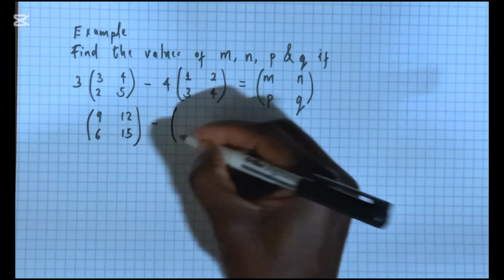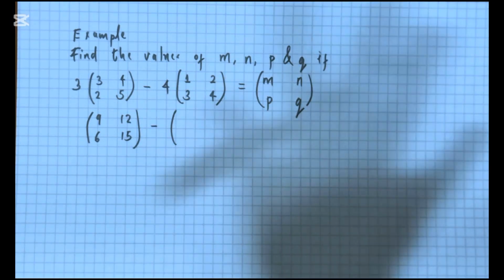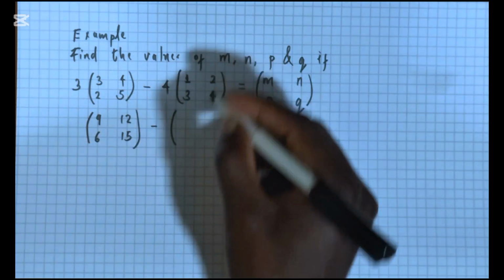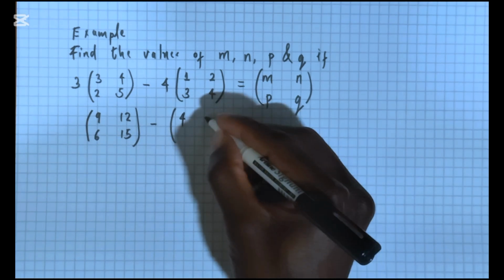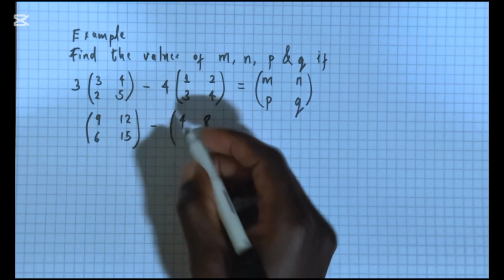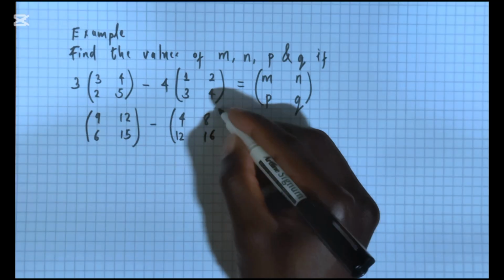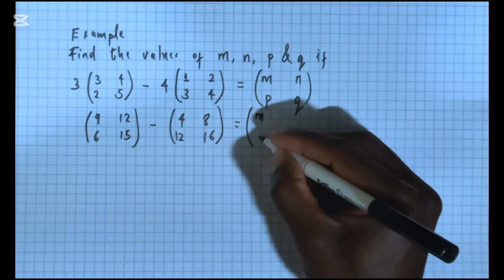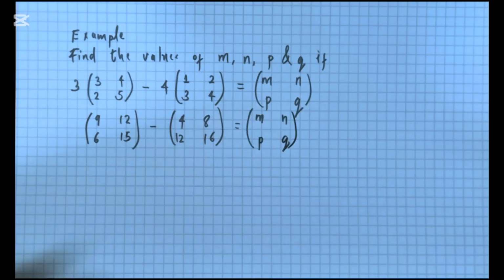Then with the negative, 4 times 1 giving us 4, 4 times 2 giving us 8, 4 times 3 giving us 12, 4 times 4 giving us 16. And of course, that should give us the values of M, N, P, and Q.